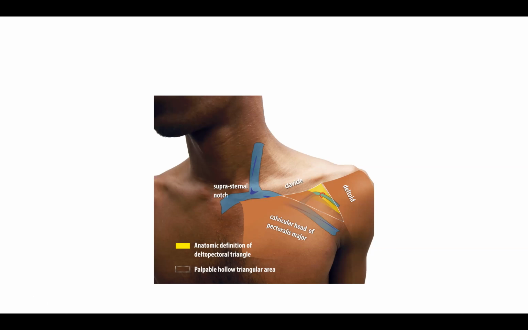Just take that horizontal step, because after the skin, you come to the subcutaneous layer, then the fatty layer. After the fatty layer is the fascia that overlies the pectoralis major. Now, the depth will depend on the amount of fat that the patient has.